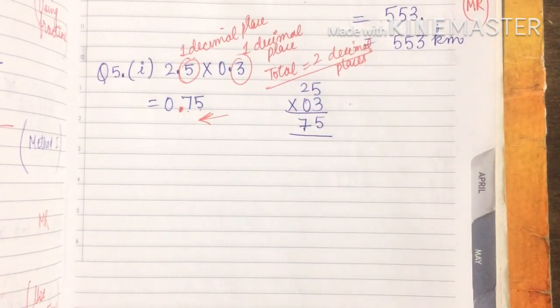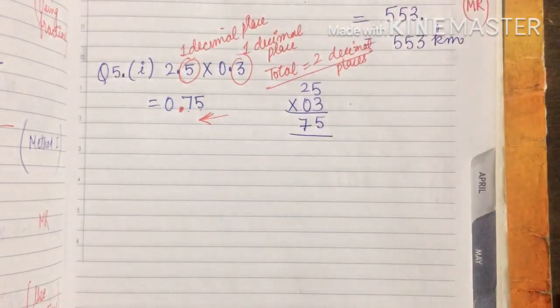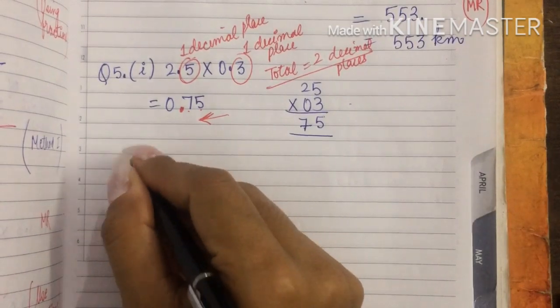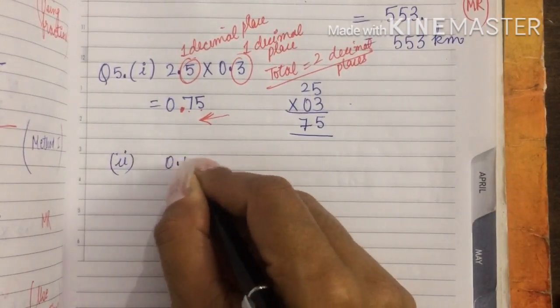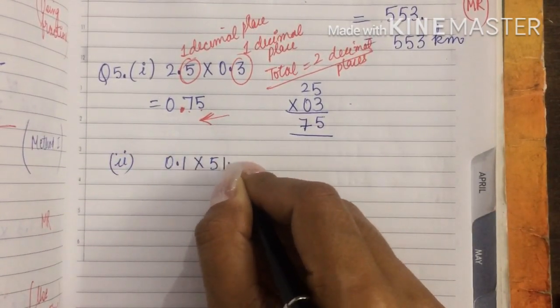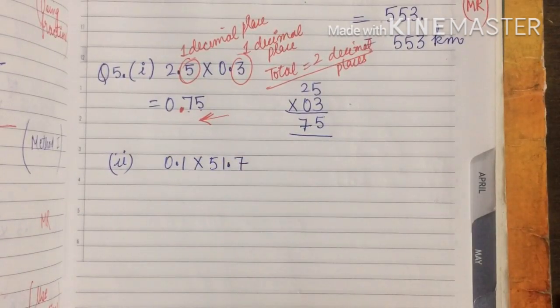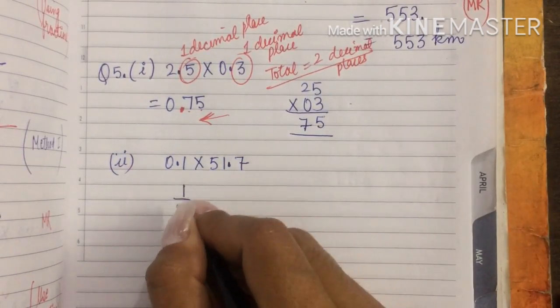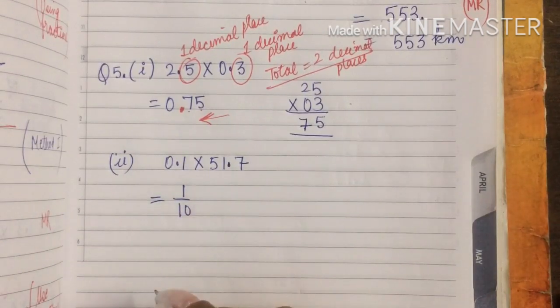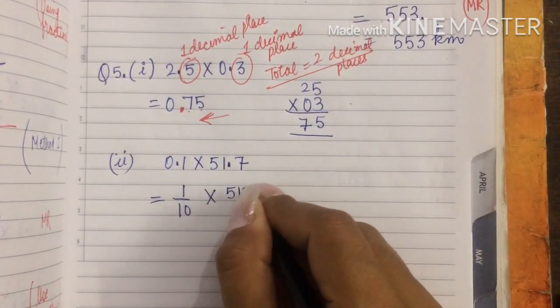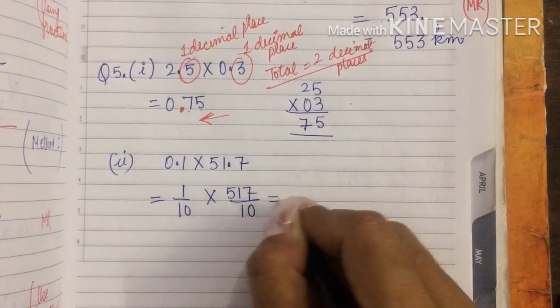Remember, multiplication is to be done without the points, or you could always use the second method where you multiply using fractions. Let's do a few parts with that. Second part, 0.1 multiplied with 51.7. Let's change these to fractions. This can be written as 1 over 10. This can be written as 517 over 10.